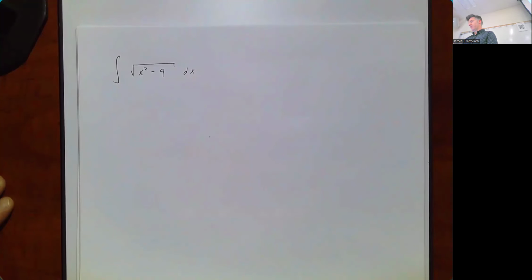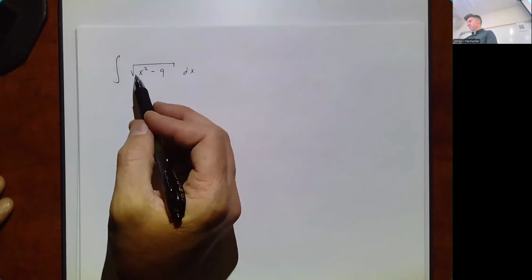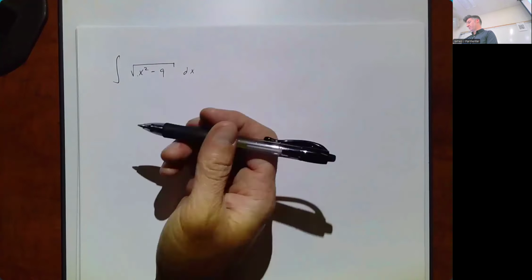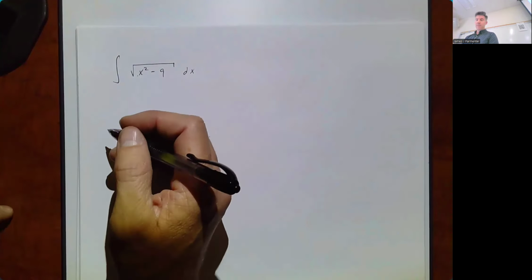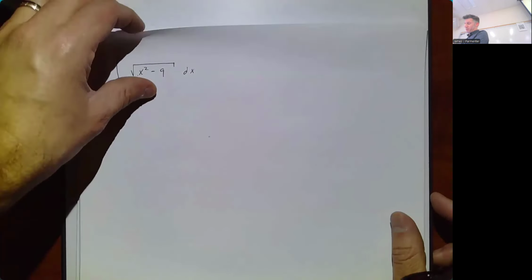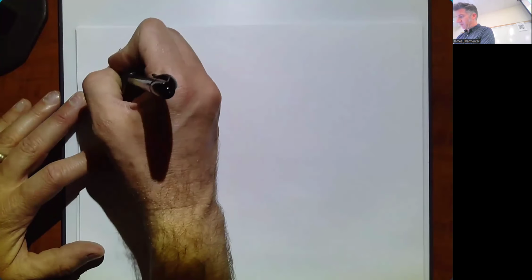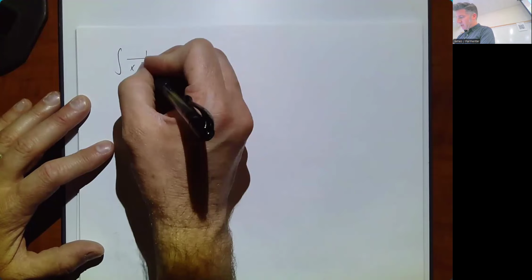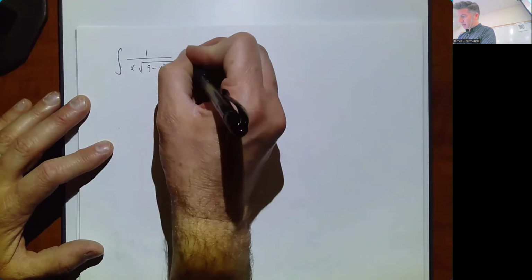Let me make sure I'm not doing something really terrible again. No, it's going to be terrible again. Wow. Every time. Sorry. Let me pick a different example. Let's do the integral of 1 over x times the square root of 9 minus x squared dx.